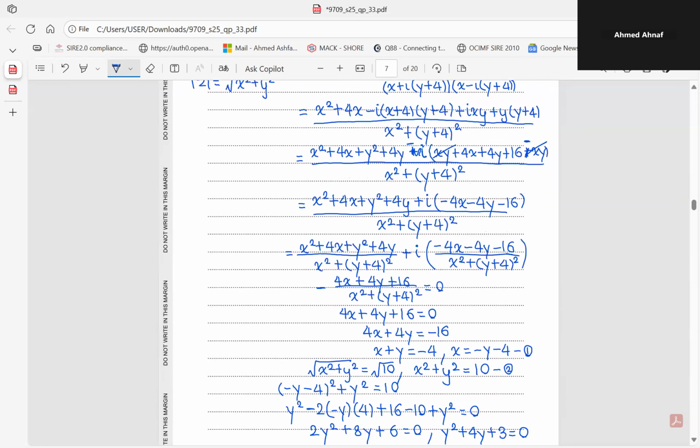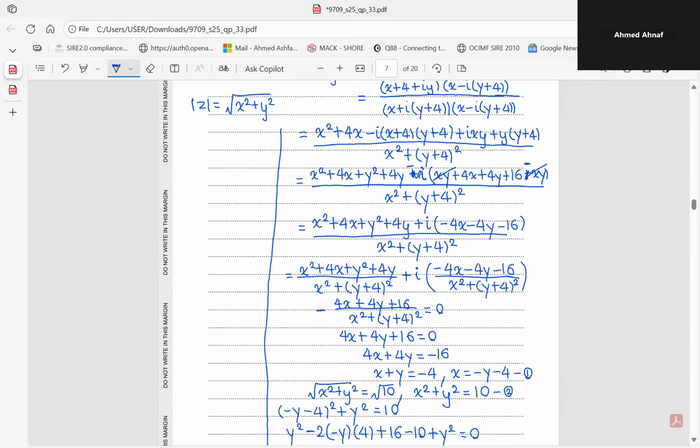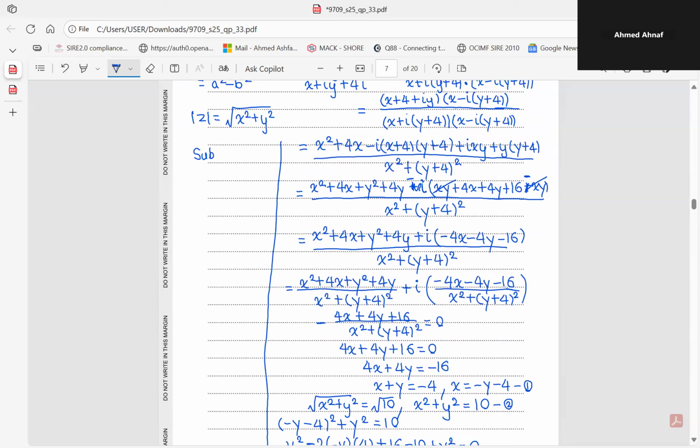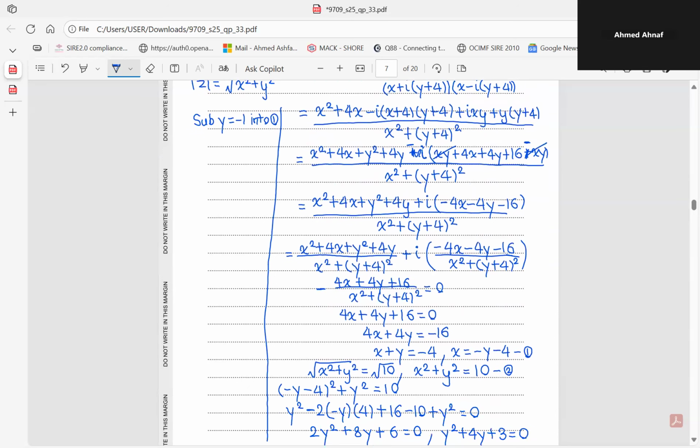Let's use this space right here. So sub y equals to negative 1 into the first equation. So this would give us x equals to negative negative 1.